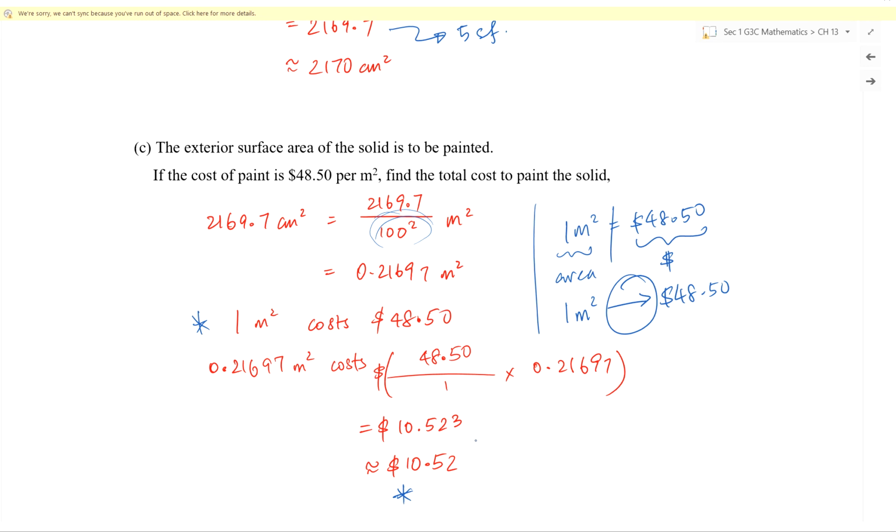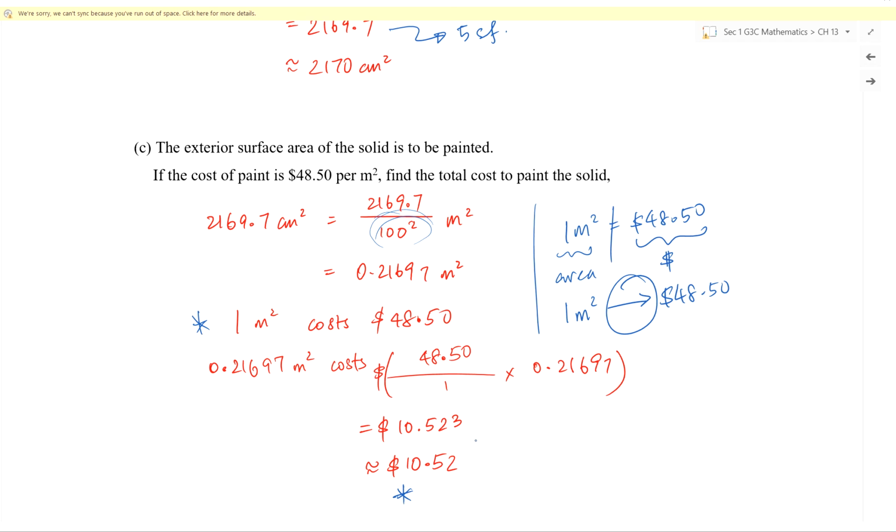But if this is a real life situation, when you go and pay money, suppose the bill comes out to be 10.52. How much are you going to pay? Is it 50 or 55? Suppose you go out and eat, then the bill is $10.52. How much do they expect you to pay? $10.50 or $10.55?